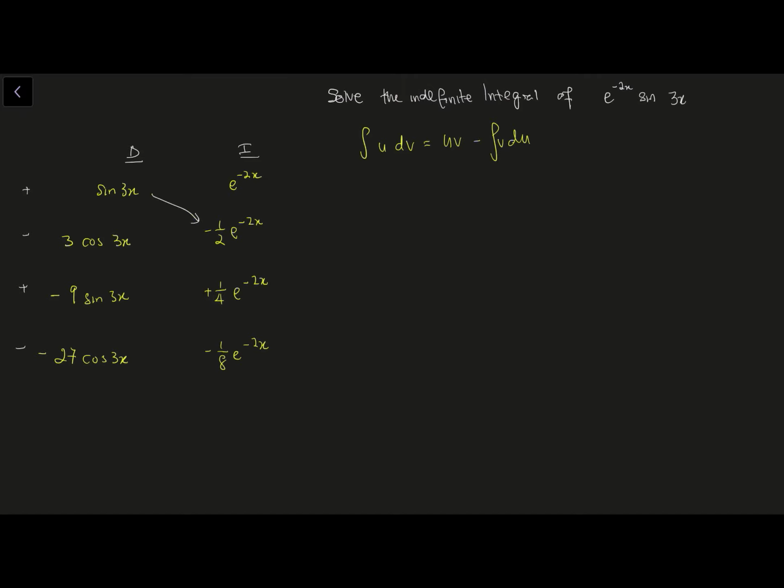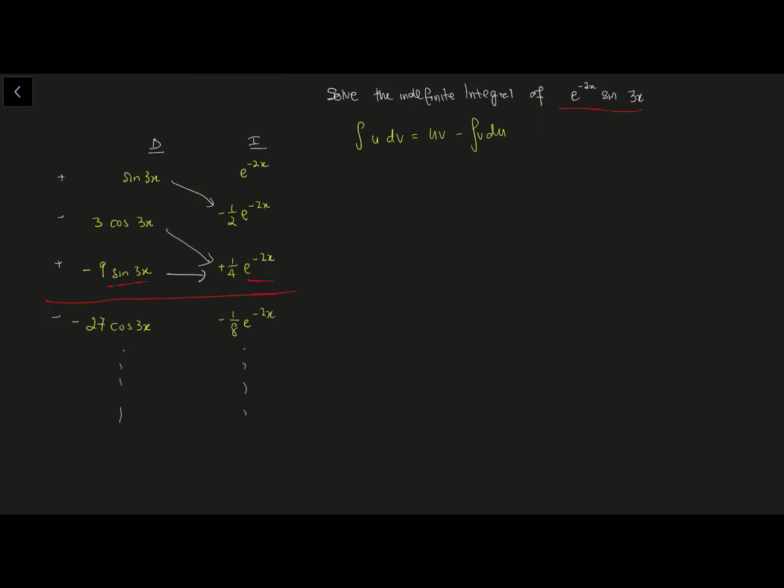And for the third row, we will do the product of horizontals, which will have the integral sign attached to the product. So now we can write out the integral of e to the power of negative 2x sine 3x dx equals to positive and negative is negative. Therefore, negative half e to the power of negative 2x sine 3x.